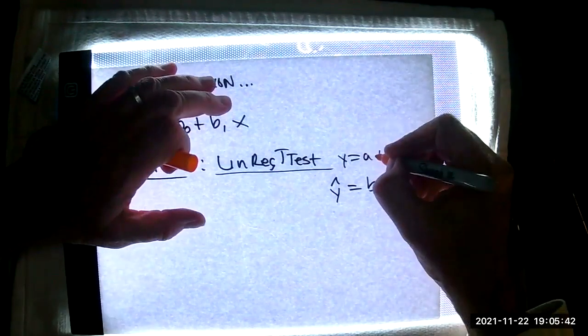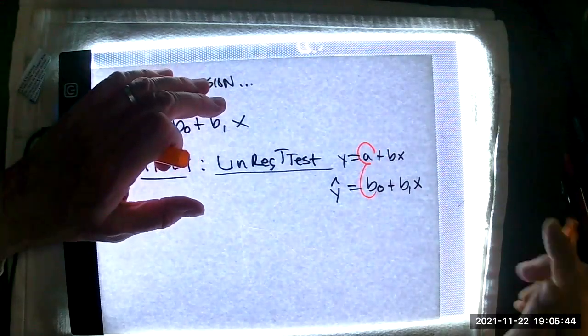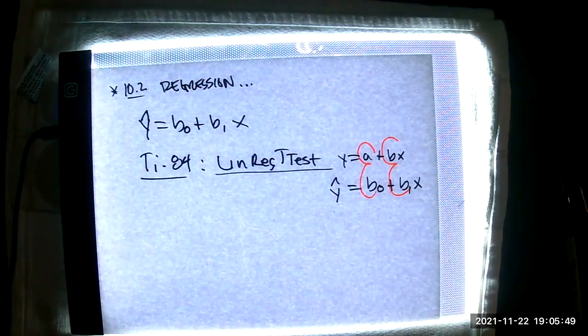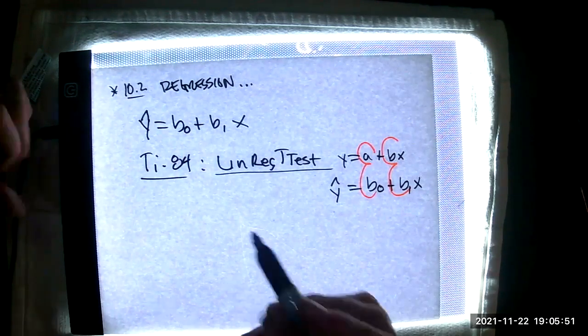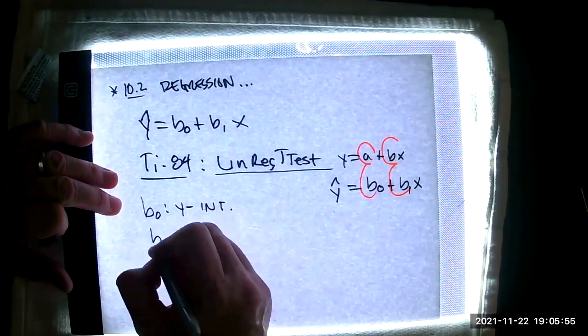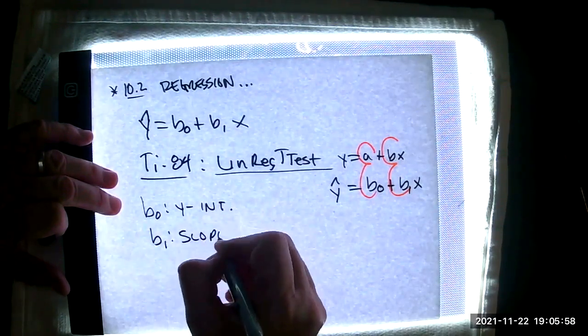And b naught is the y-intercept, and b1 is the slope.